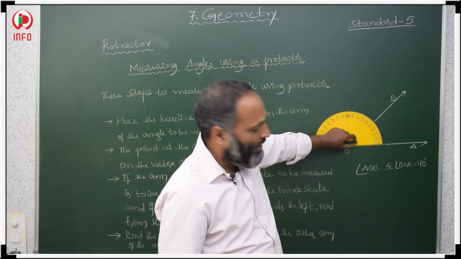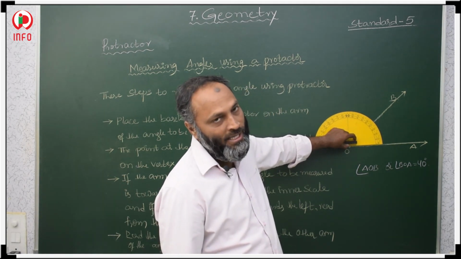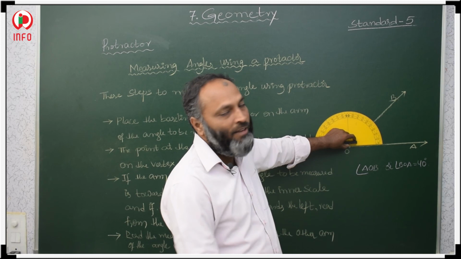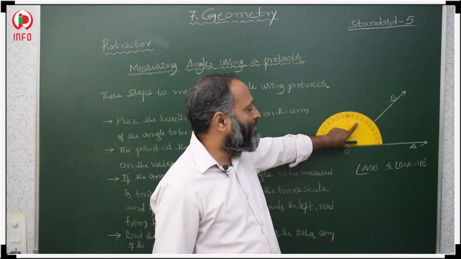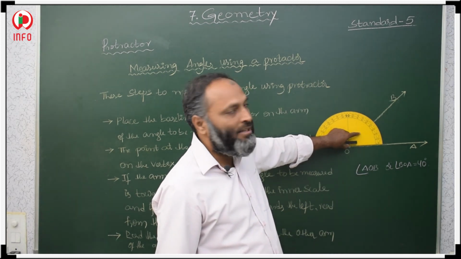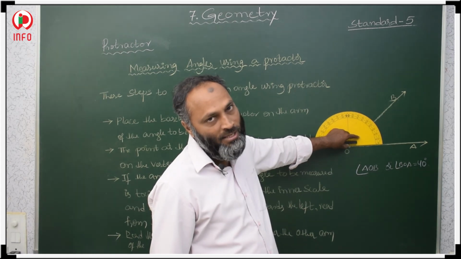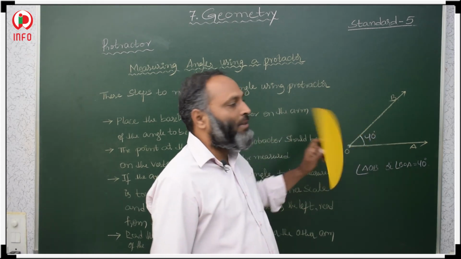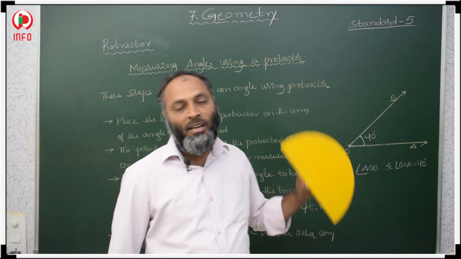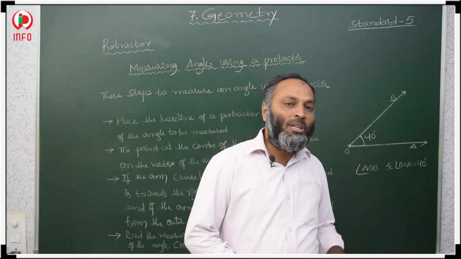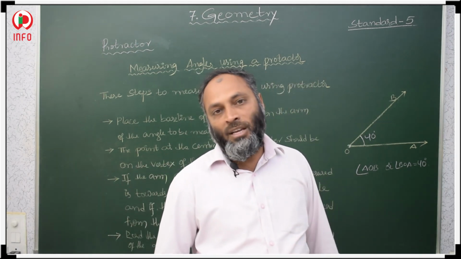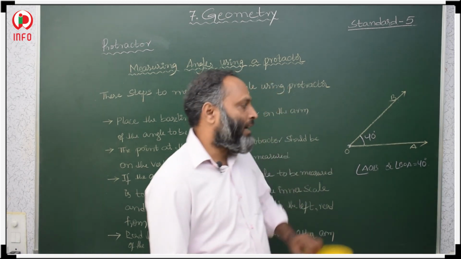Then if the arm is on the right side, you take inside values, that is the anti-clockwise direction. If the arm is on the left side, then you go for clockwise direction, which means we take the upper values, and calculate your angle.